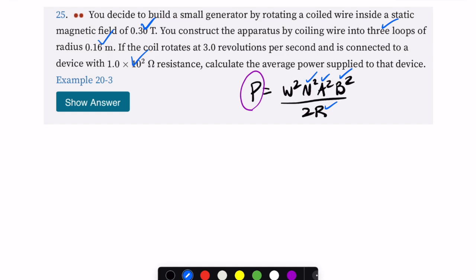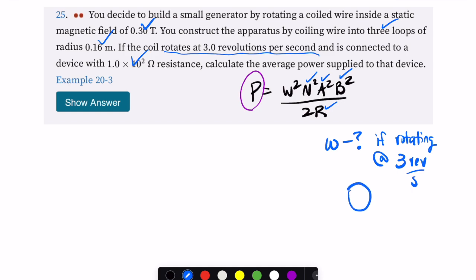Well, we're told that the coil rotates at 3 revolutions per second. So 3 revolutions per second is another type of units, and we want to figure out what omega is. So how much is 1 revolution?